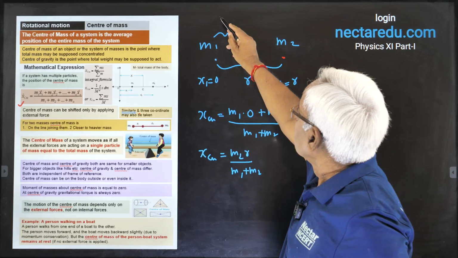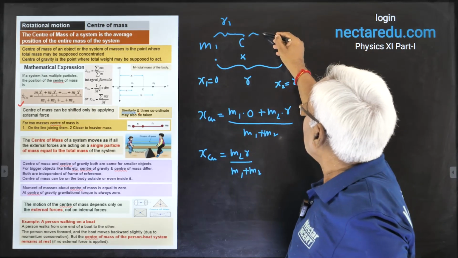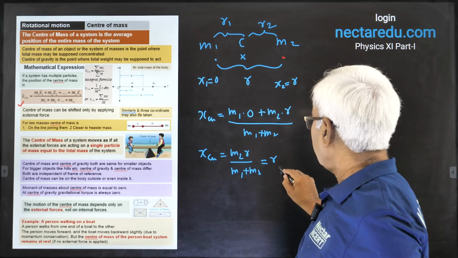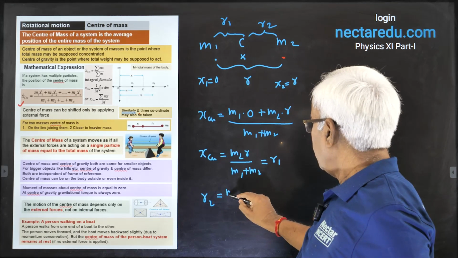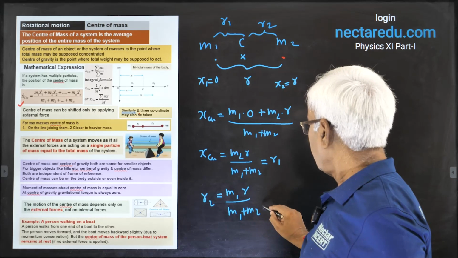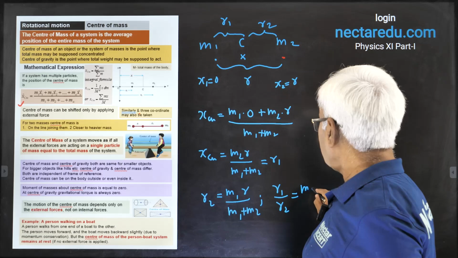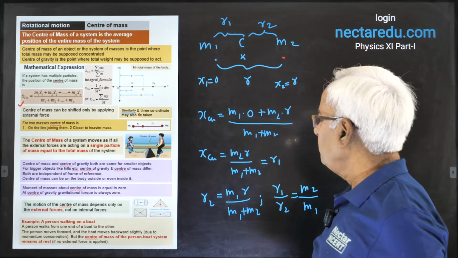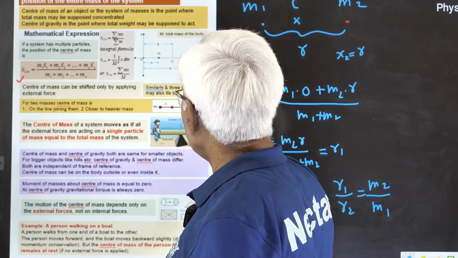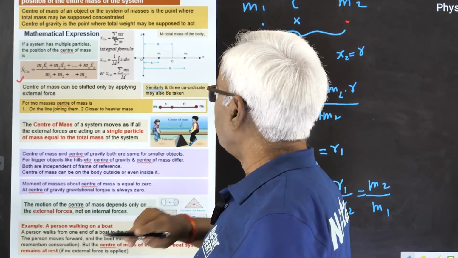That means, suppose we write it as R1, this would be R2, say it is R1, R2 will be M1 r upon M1 plus M2. See, the interesting thing is the ratio. This is M2 upon M1. I have written here, two masses are here, M1, M2, R1, R2.